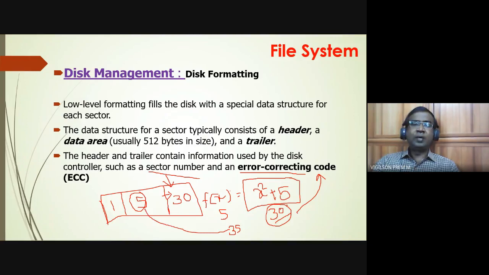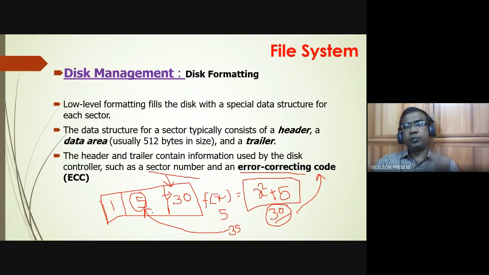The data stored in this particular data area is not 5. The function is x squared plus 5, so I should get only 30. If I get 35, or 25, or 100, then I can identify that it is not the data that was stored, it was modified or corrupted by a third person. That is what we refer to as error correcting code.